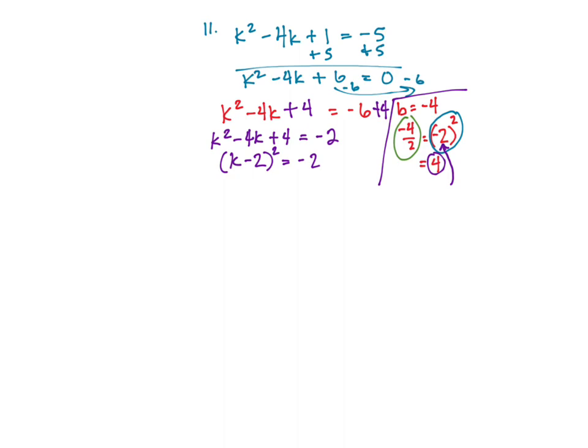equal to negative 2. Right? Now what? Square root both sides. So I've got right now k minus 2 equal to plus or minus the square root of negative 2.